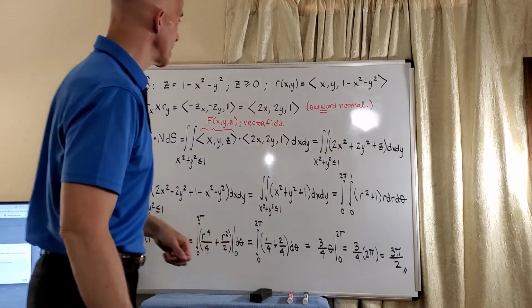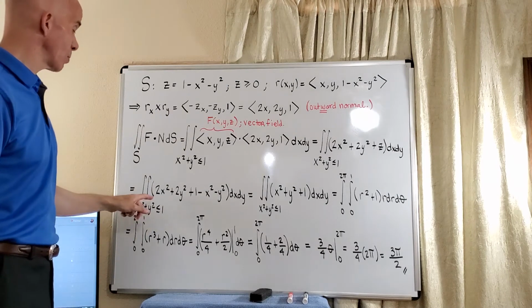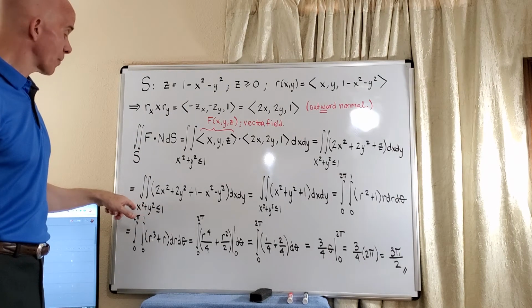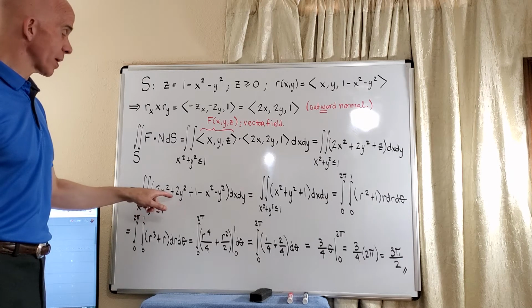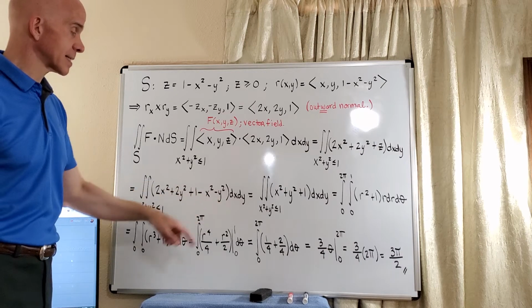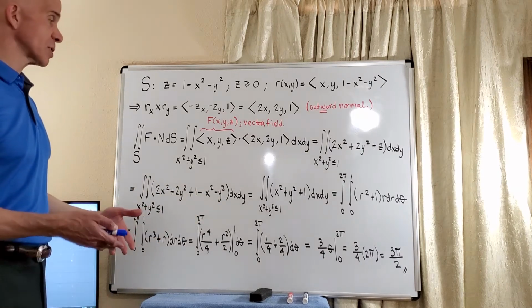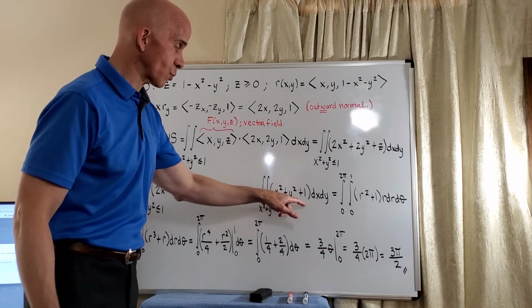And of course, we need to replace z with this xy equivalent. And so that will give us the double integral over x squared plus y squared less than or equal to 1 of 2x squared plus 2y squared plus 1 minus x squared minus y squared. And now just combine terms, and we're left with an x squared plus y squared plus 1.